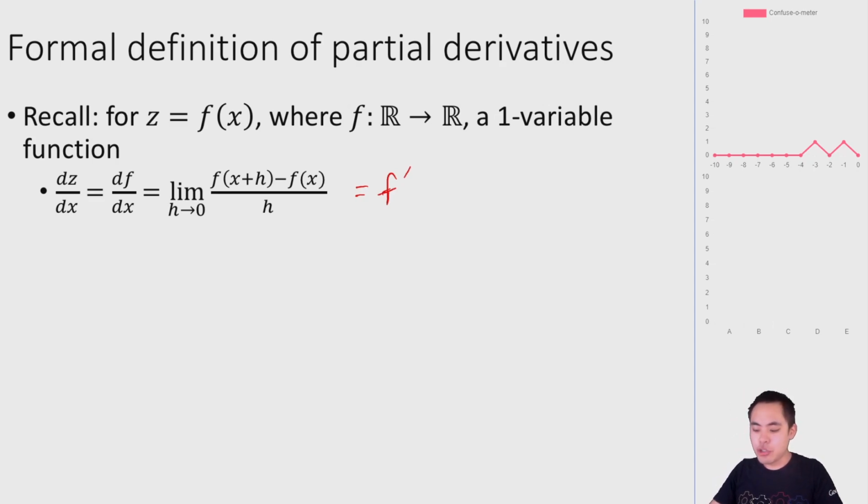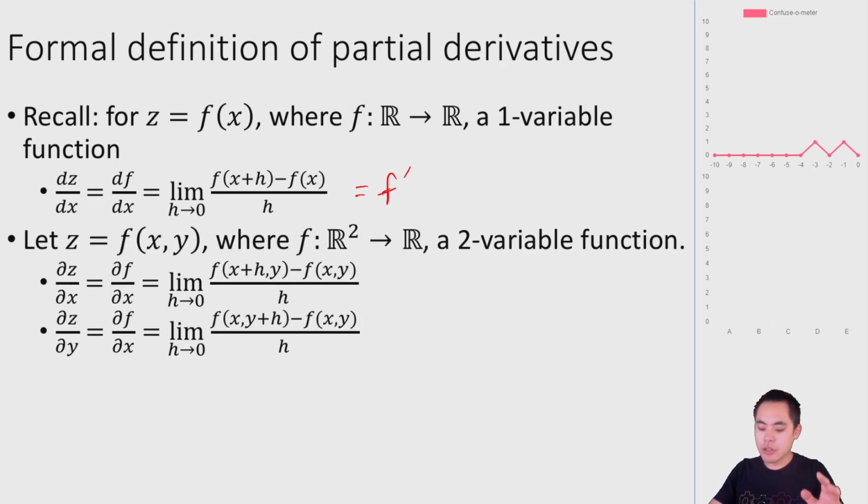But now, when you have a two-variable function, you have two different partial derivatives, because you can take the derivative with respect to x or the derivative with respect to y. So you have partial f partial x, which is the limit as you hold y constant. If you look here, the y part is held constant, so that doesn't change, but you're changing the amount of x by this h, and taking that limit as h goes to 0.